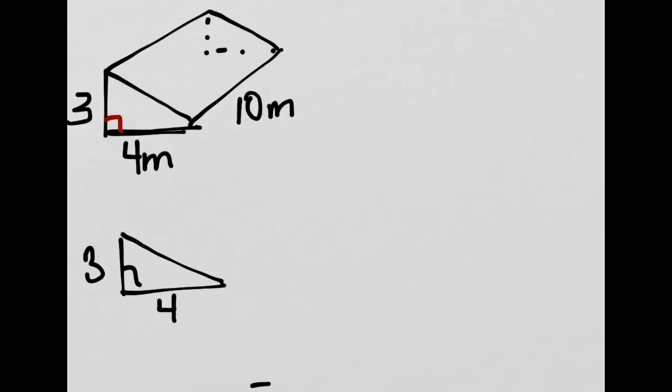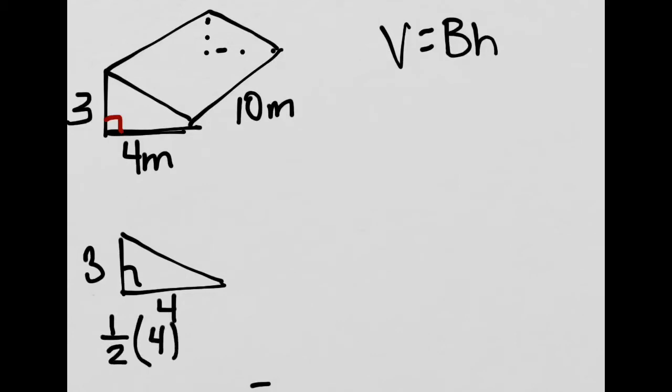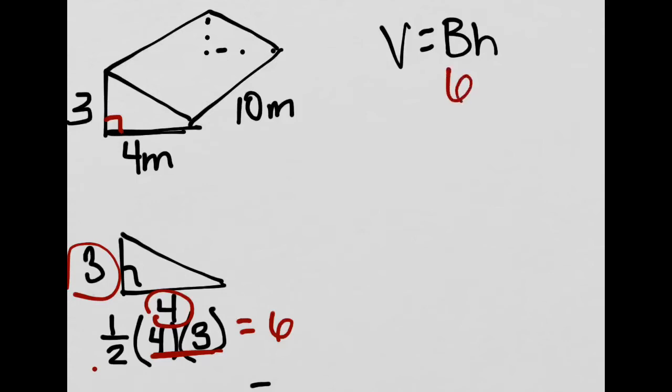The base area is what we need to work with first. And the area of a triangle is 1/2 of the base times the height. So 1/2 of the 2 measurements that create the right angle. So 1/2 times 4 is 2, times 3 is 6, or I could have done 4 times 3 is 12, and half of that is 6. So my base area is 6.